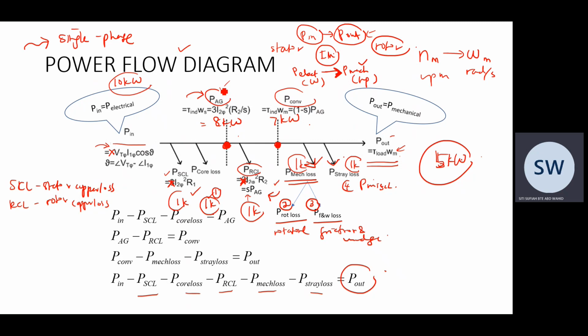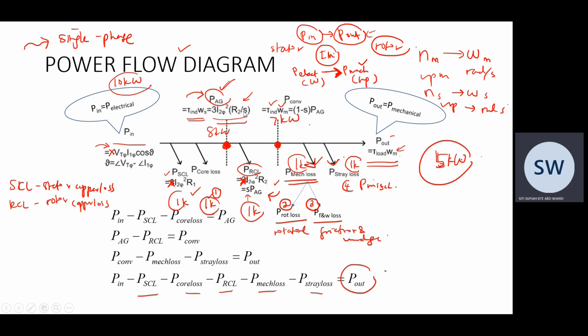P air gap also has the formula induced torque times synchronous angular speed. Same as before, you may convert omega s from RPM to radian per second. P converted also equals induced torque multiplied with omega m.